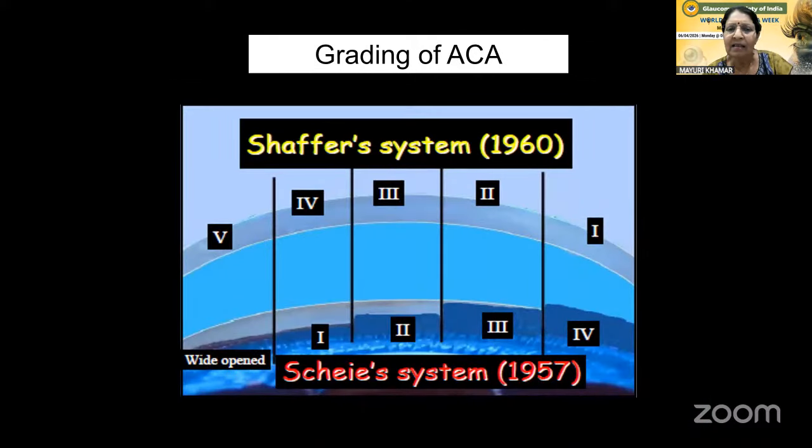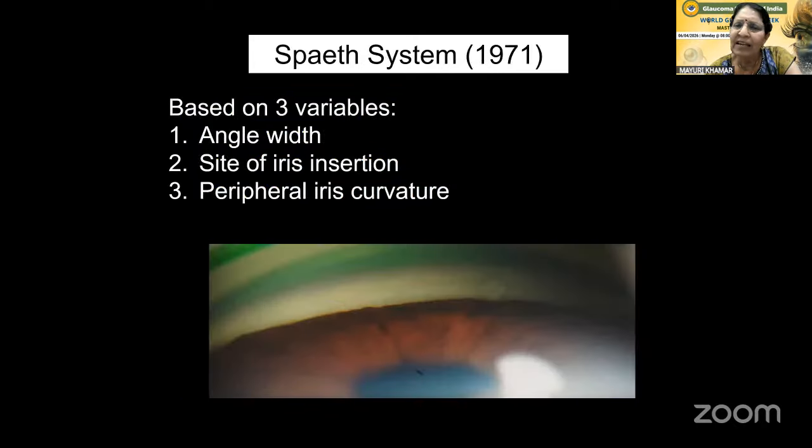Various gradings, systems and classifications are available. One can use any to their convenience, but basically the Spaeth system is based on three variables: angle width, site of iris insertion, and peripheral iris curvature.